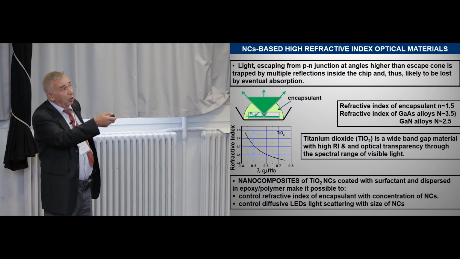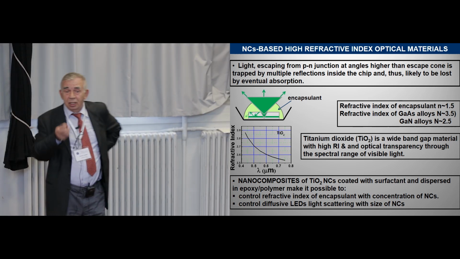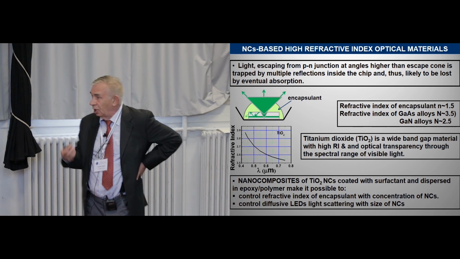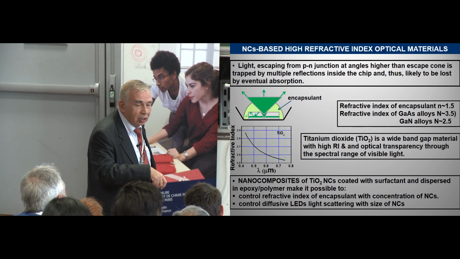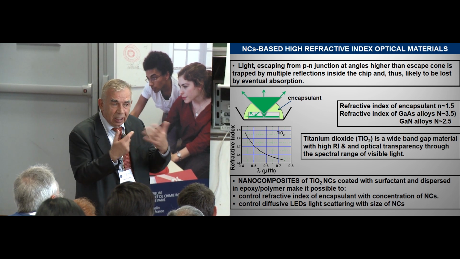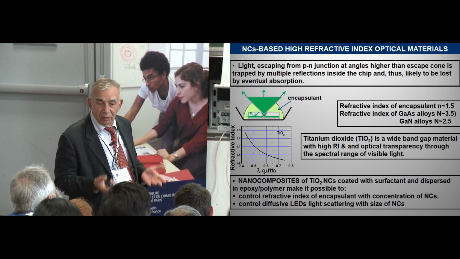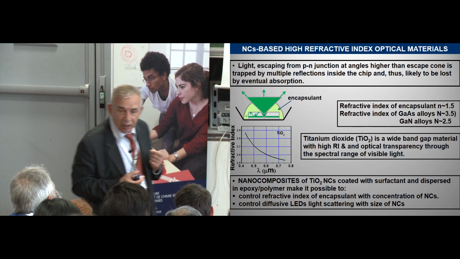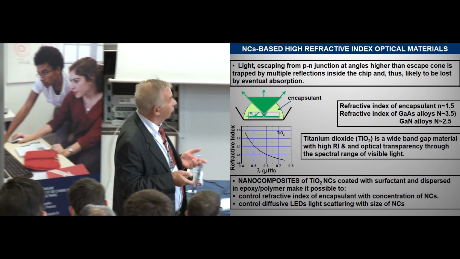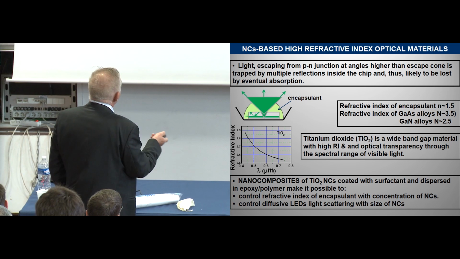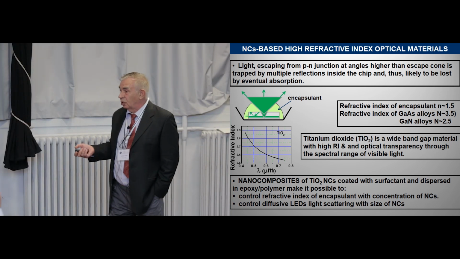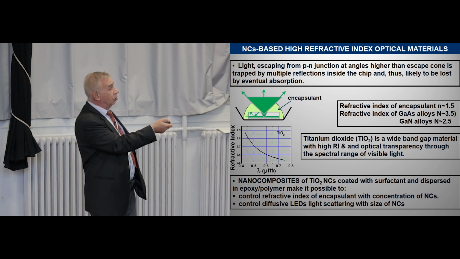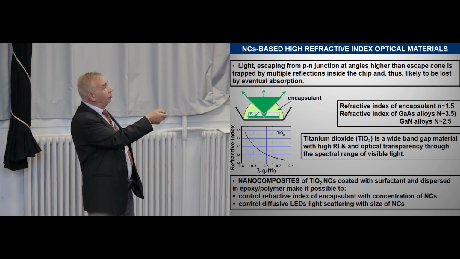Depending on the concentration of the nanocrystals, you can increase the refractive index of the encapsulants, and still keep them transparent if the particles are small, much less than the wavelength of light, and it should work. So titanium oxide is one of these materials because it has a really very good refractive index.